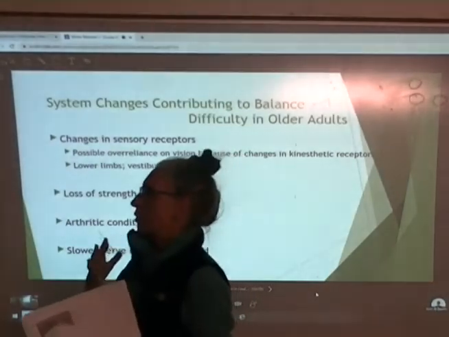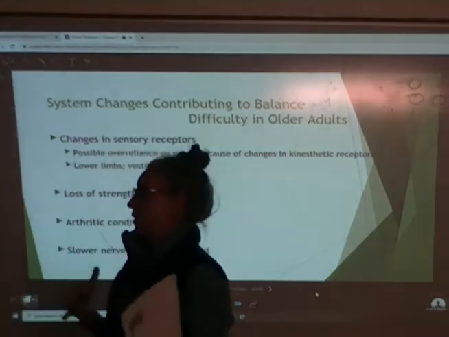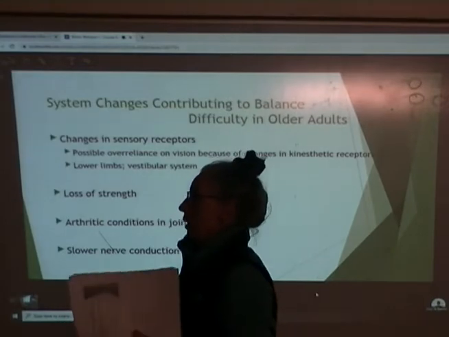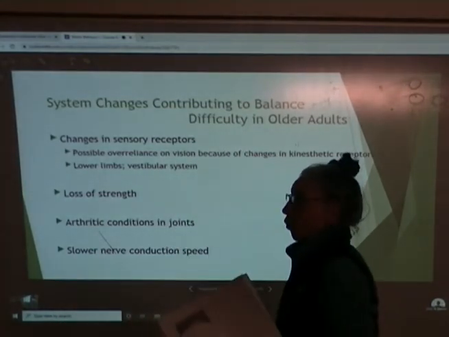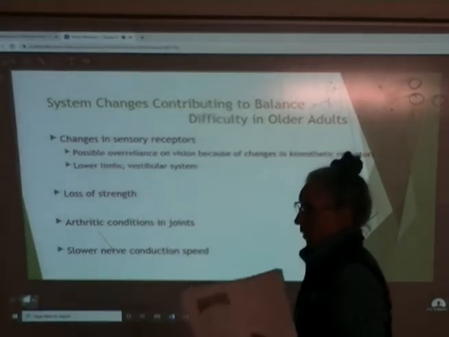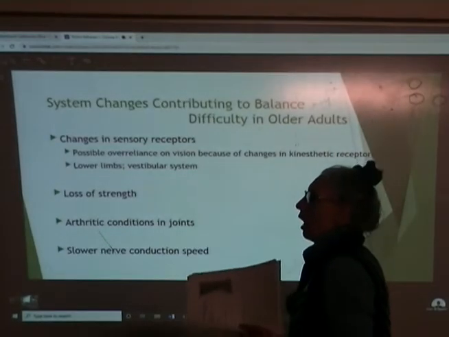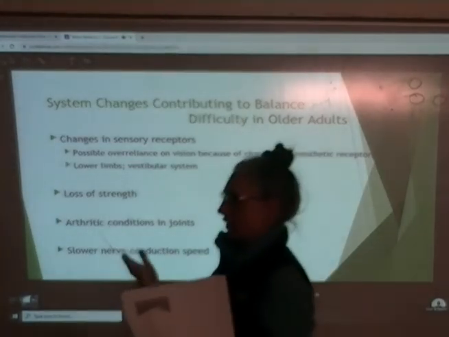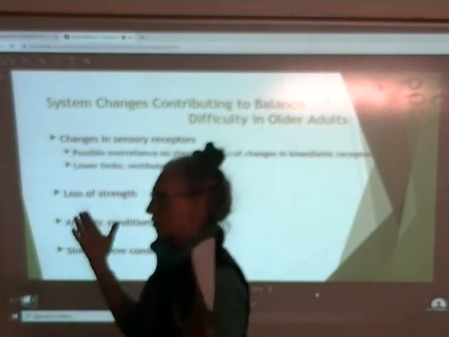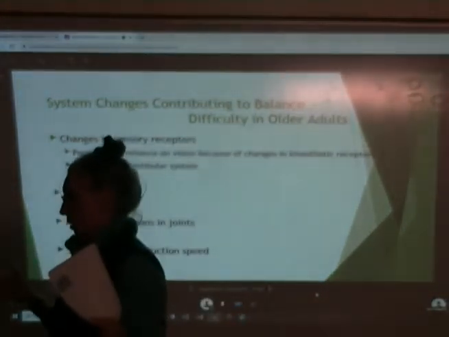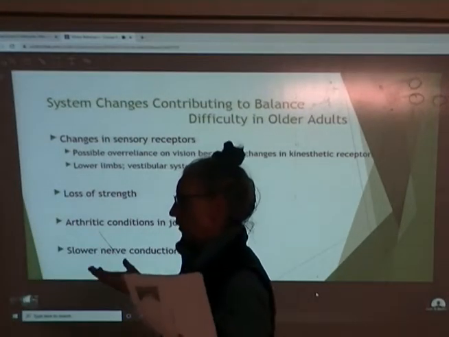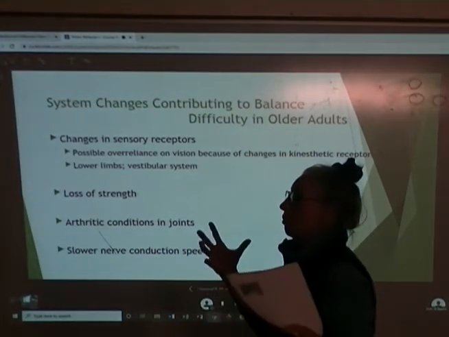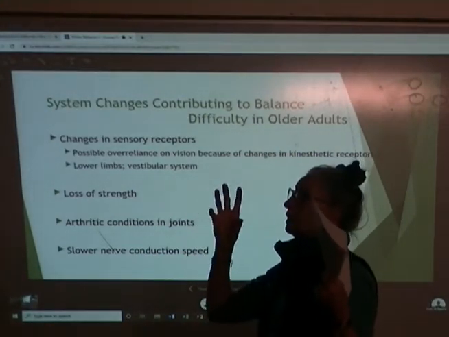And the other statistic that is quite scary is that if I fall and I break my hip as an older person, there's a 60% chance I won't survive out the year. Okay? So this is important.